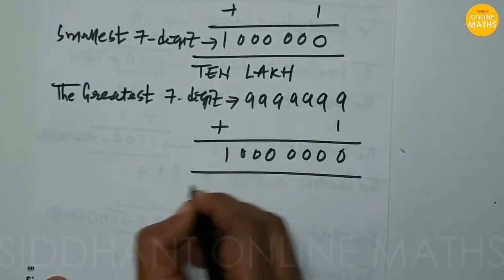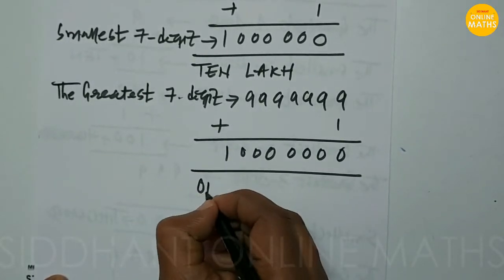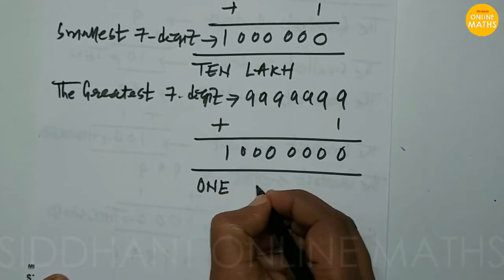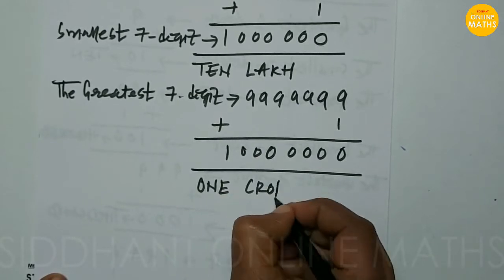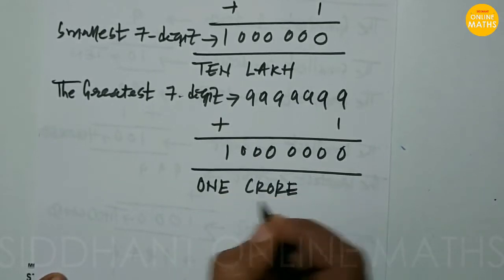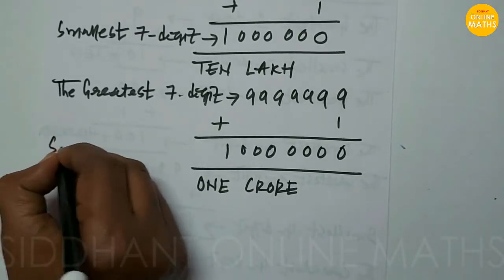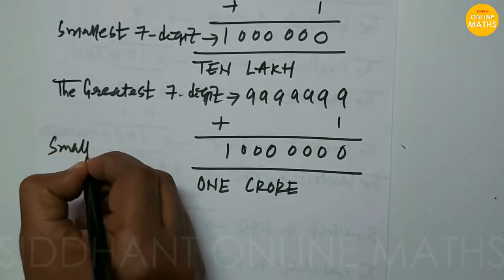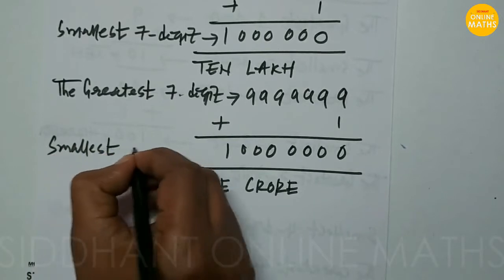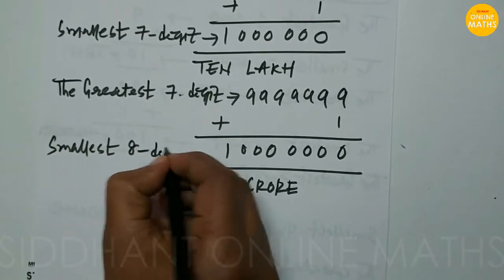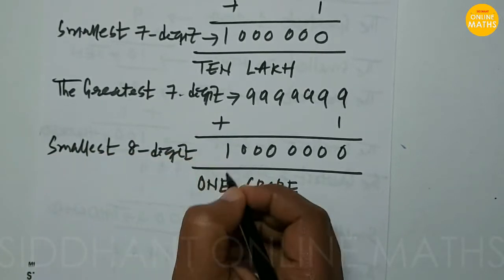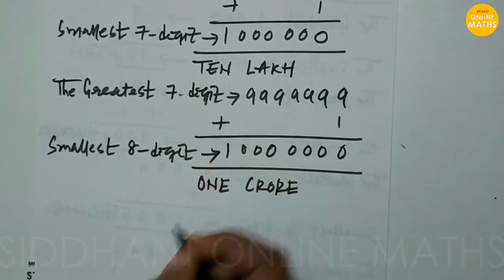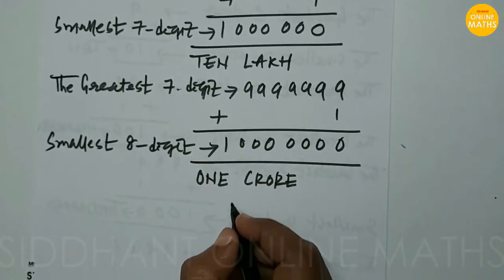So how you are going to read this number? It is read as 1 crore, and this is the smallest 8-digit number.